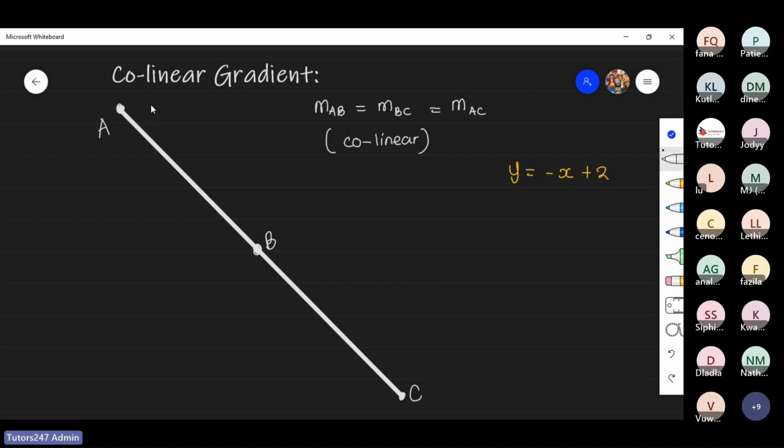So A will then have coordinates -3 and 5. Let's make B 0 and 2. And we'll make C an x value of 5, and the y value will therefore be -3.